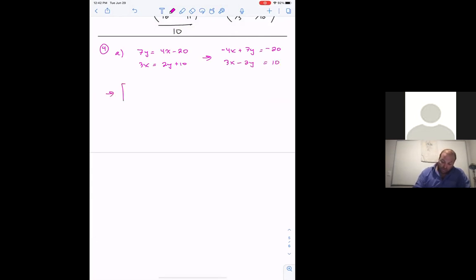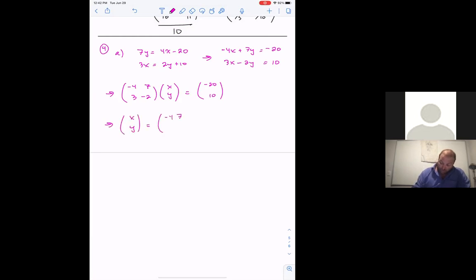So I can write that as the matrix negative 4, 7, 3, negative 2 times the unknown x, y equals negative 20, 10. And then we're going to solve for the x, y by multiplying on the left by the inverse.